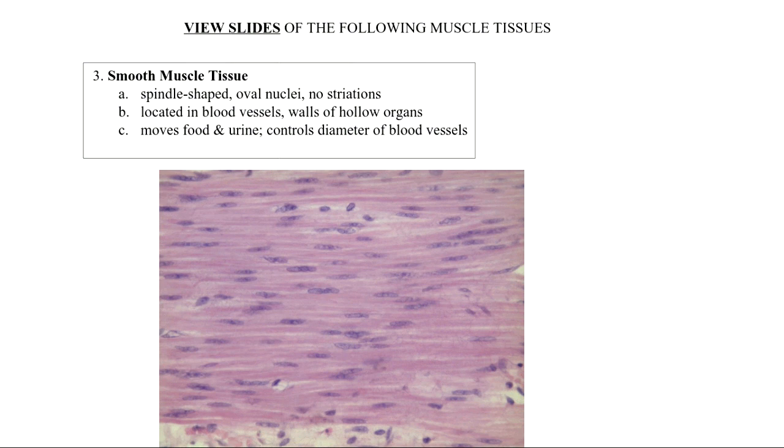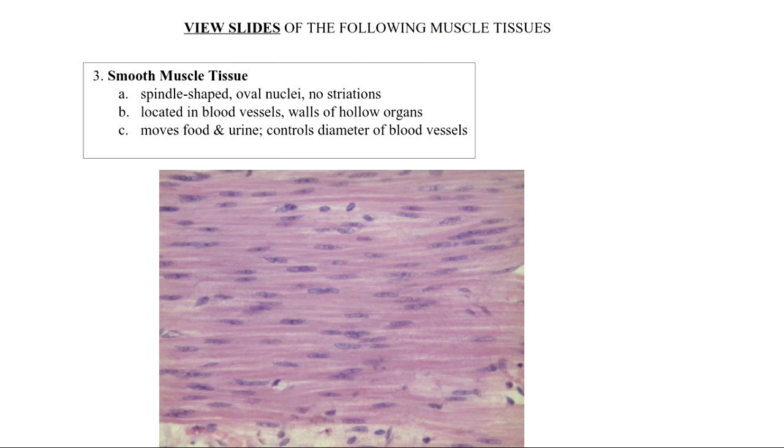We see this lining blood vessels, like our arteries, for instance, have smooth muscle around them, which allows you to change the diameter of your arteries. You can dilate or constrict the vessel. It moves food and urine, right? So like our esophagus, after you swallow food, our esophagus is like a muscular tube that goes down to your stomach, and smooth muscle produces what we call peristalsis, which allows materials to move through our body.